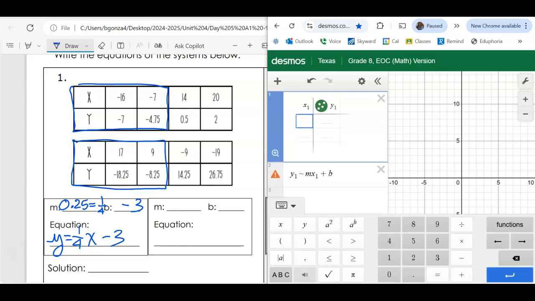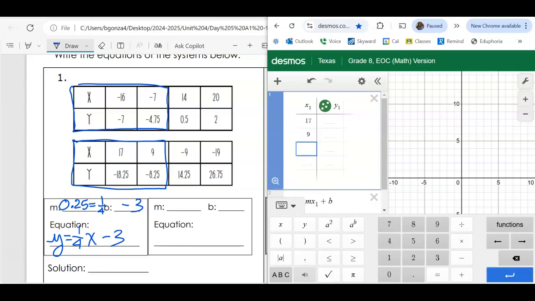The first row, 17.9, is going to be my first column. My second row, negative 18.25, negative 8.25, is going to be my second column.